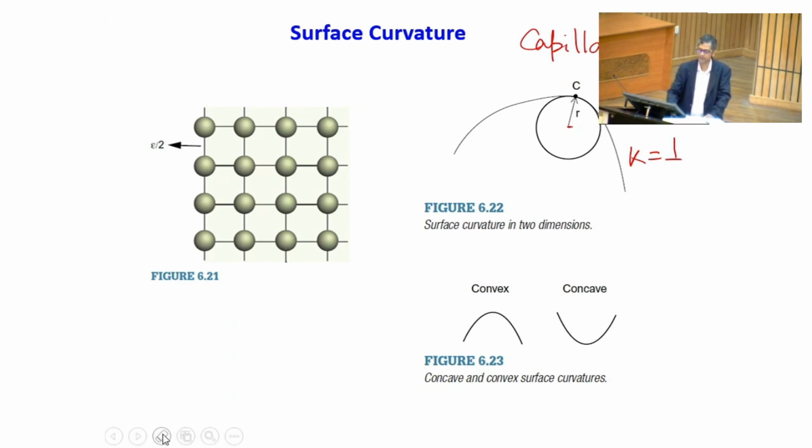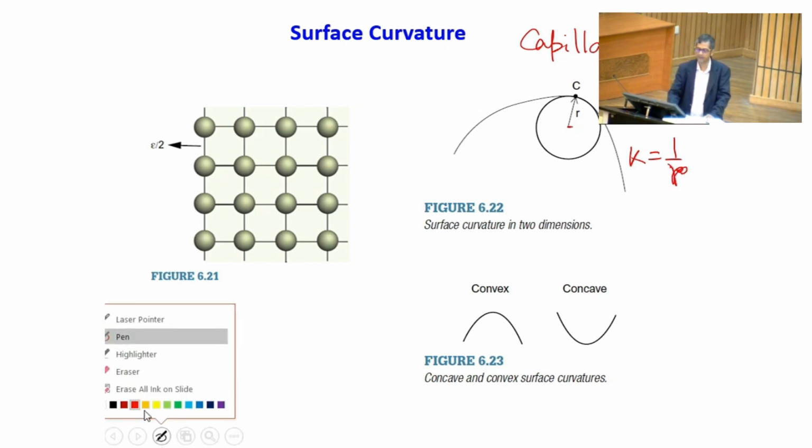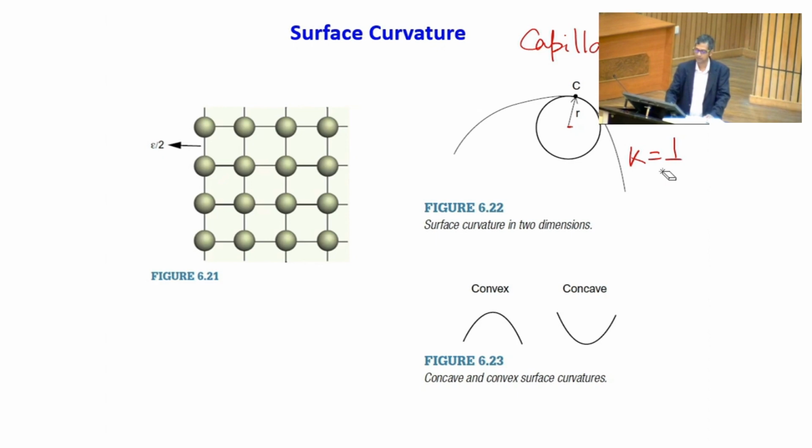So 1 by r is what is known as the curvature. It is not gamma, it is r. It is better I write properly, since gamma and r will be confusing, right? Correct? So this is known as a curvature, correct.